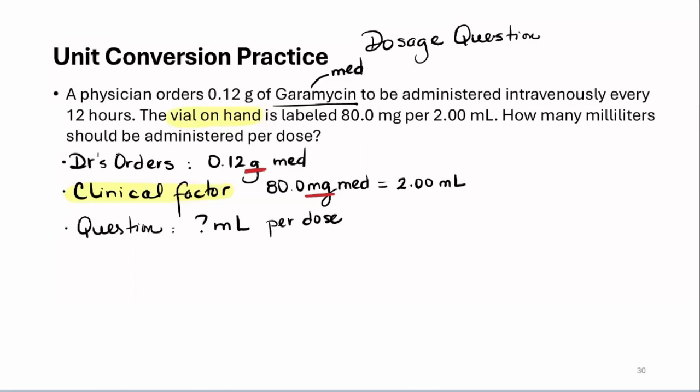The reason why we need to investigate that is that if they don't match, then we have to adjust and do a calculation in order for them to match.